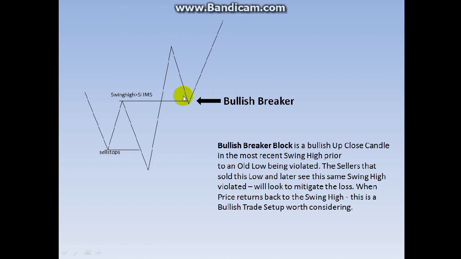So when price comes back to this old high, this is our classic resistance broken turn support. So this is our bullish breaker. This is a buy setup, a bullish trade setup worth considering, because the large funds and large institutions are going to look to take off those short positions that are running losses here.